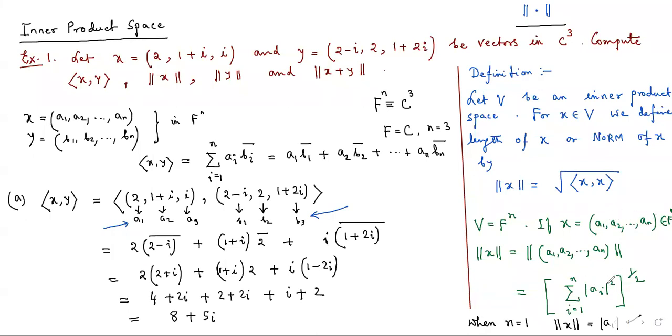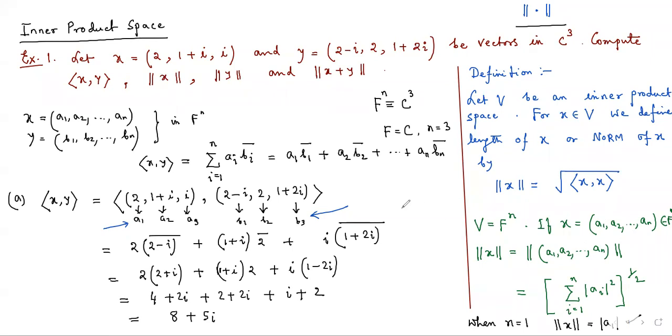We take the modulus of each component, take their square, and sum them up together, and then the positive square root is taken. This is the norm. This is how the norm is defined for the vectors in Fn. Now, for n equals to 1, the norm of X is nothing but equivalent to the modulus of the first component, because for n equal to 1, only one component is there, that is a1.